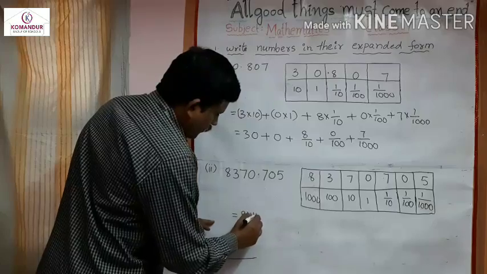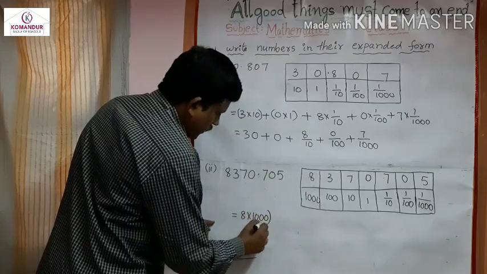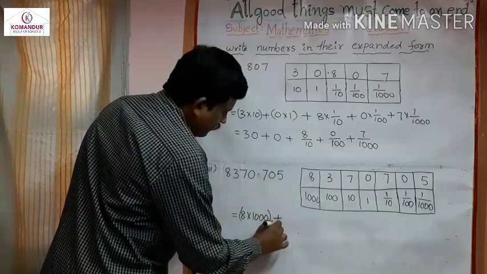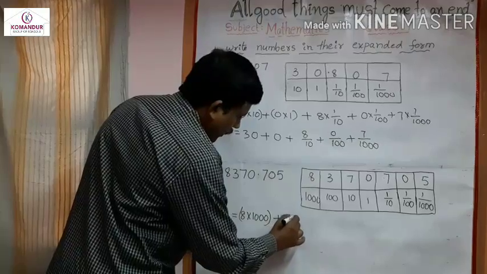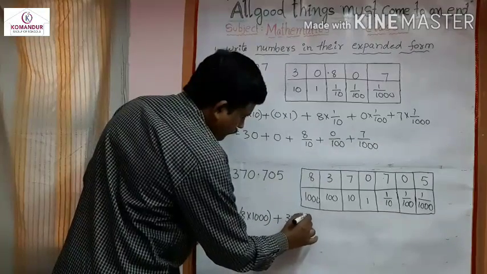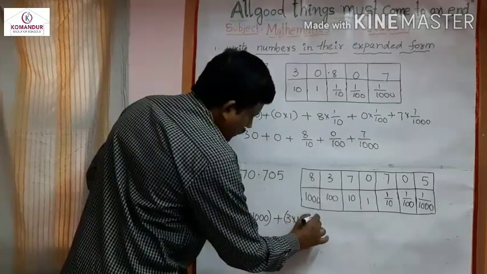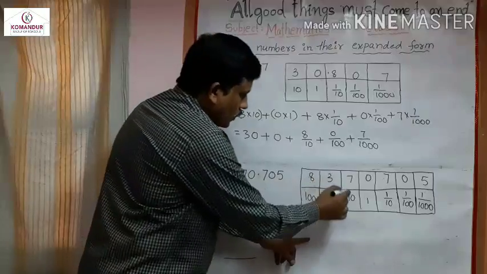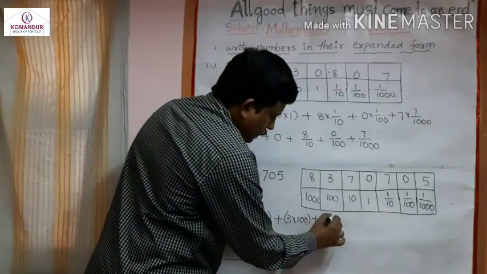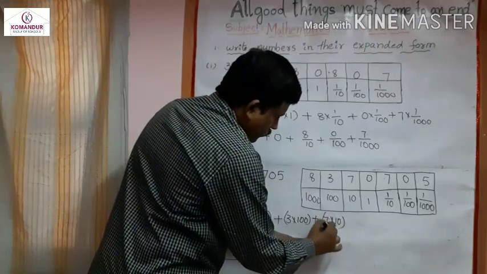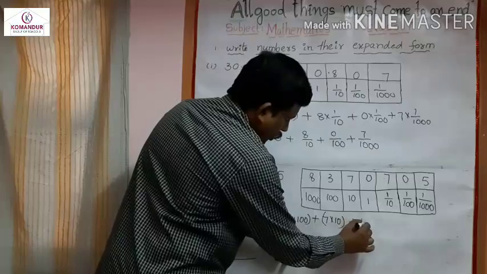So write that: 8 into 1000 plus 3 into 100 plus 7 into 10 plus 0 into 1.